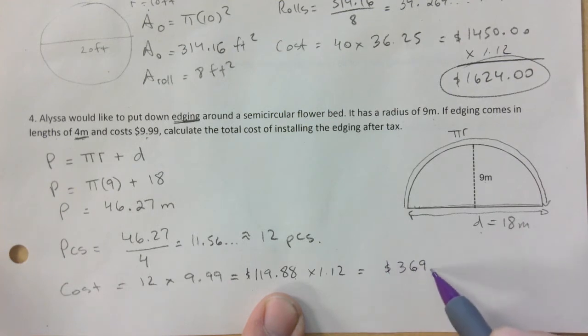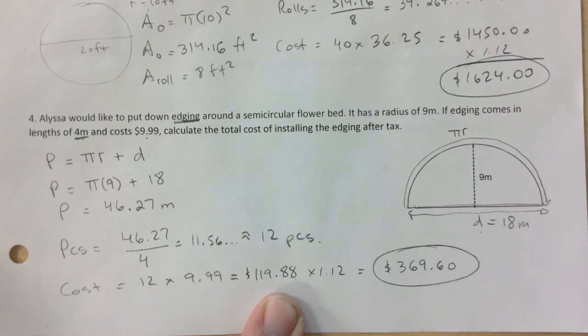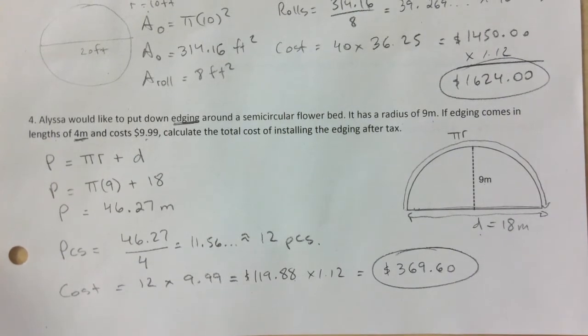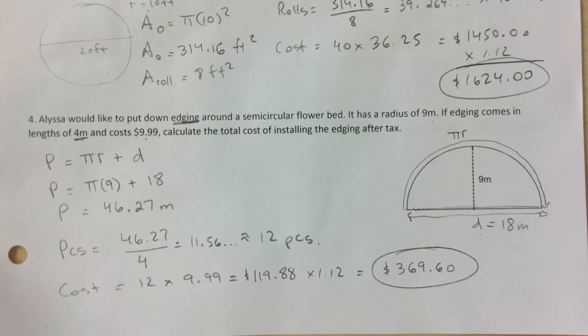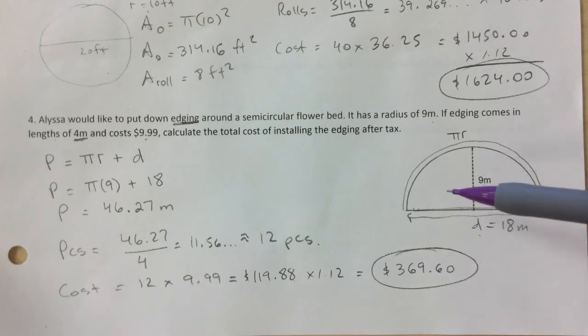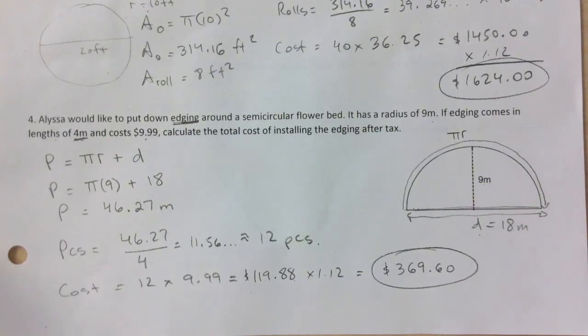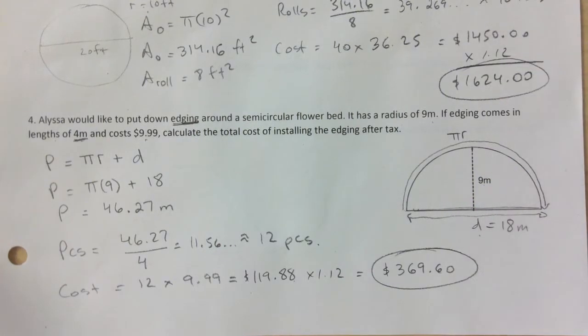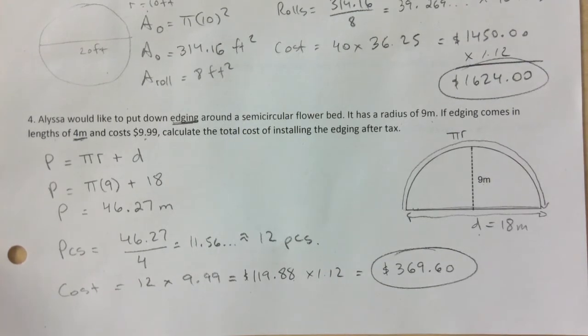This is 369.60 to get that. So we had some perimeter, some area, it's almost alternating as you go through this. So I'll leave it there for a bit so you can write it down.